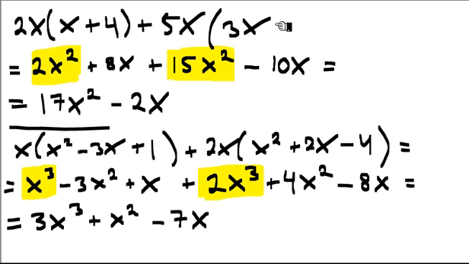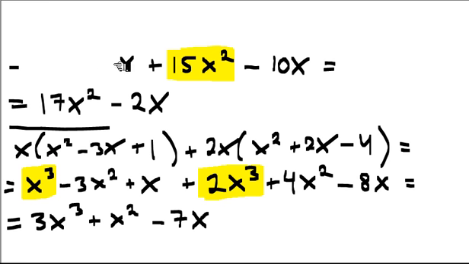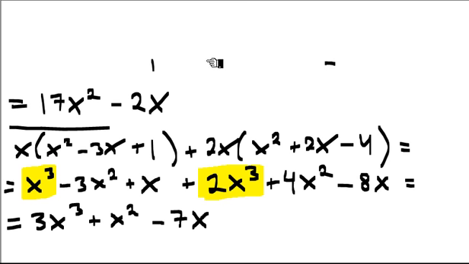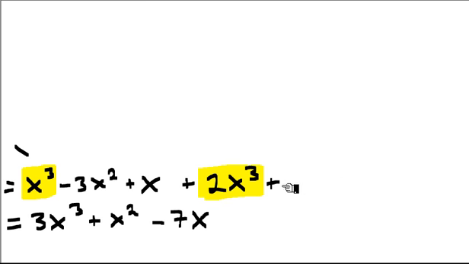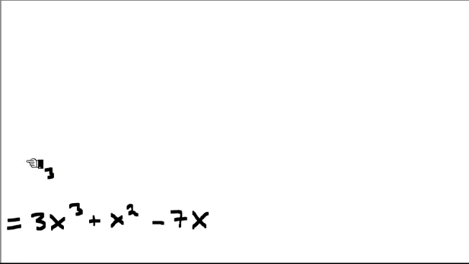Let's do a couple more of these. It can be a little trickier when you have a lot of negative terms. So let's see if we can find another tricky one.